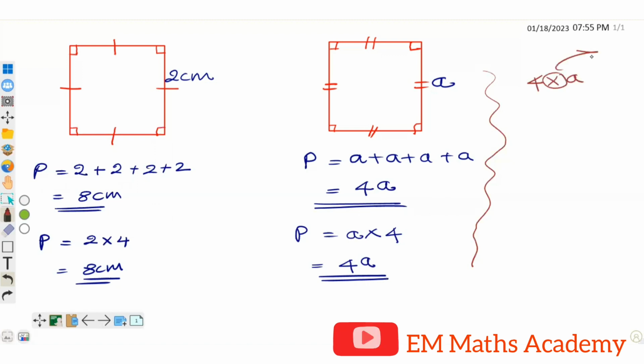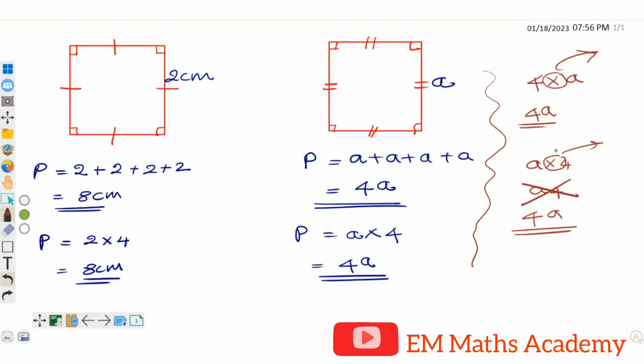We can remove the multiplication symbol and write it together. But when we have A times 4, the same thing, we can't write A4, because we have to give the priority to the number. So we write the number first. We never write A4, we write 4A.